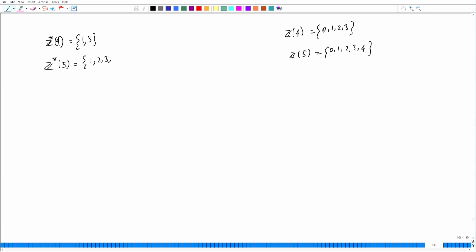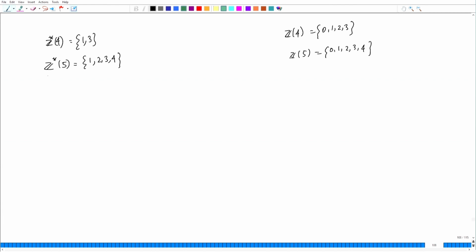Now, what about 4? 4 into 4 is 16. So, minus 1 is 15. So, that is also a unit. So, Z star 5 is now 1, 2, 3, 4, except the 0. So, essentially you can see that Z star of 5 and Z 4, the 0 is going to 1, 1 is going to 2, 2 is going to 3 and 3 is going to 4, then that is giving you an identification of this.